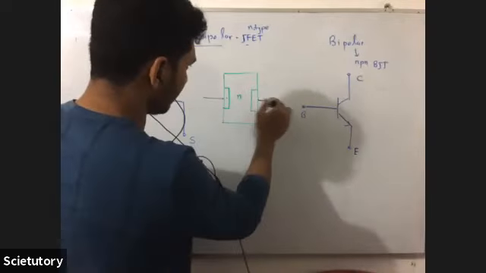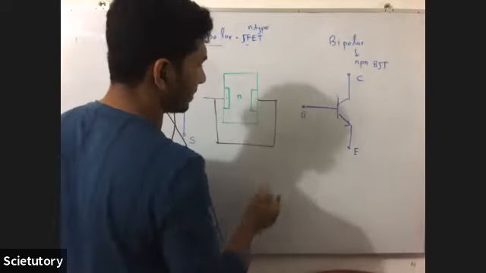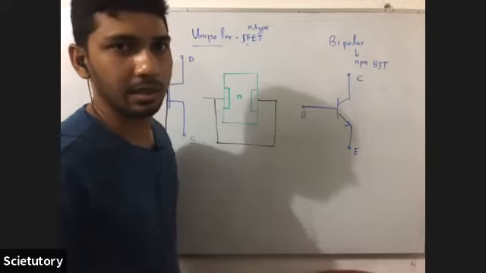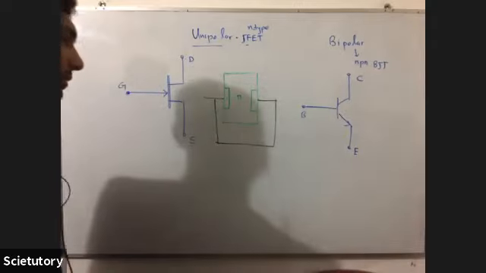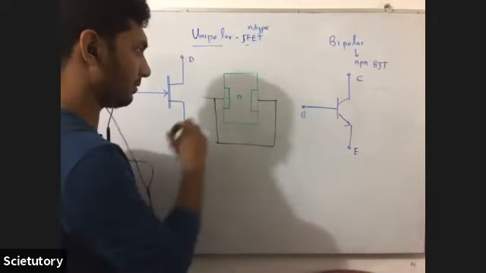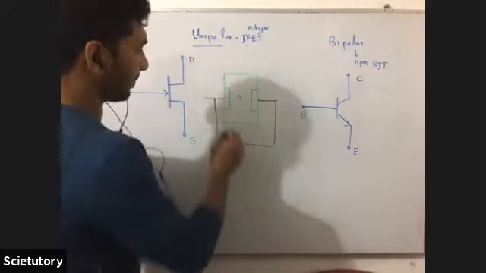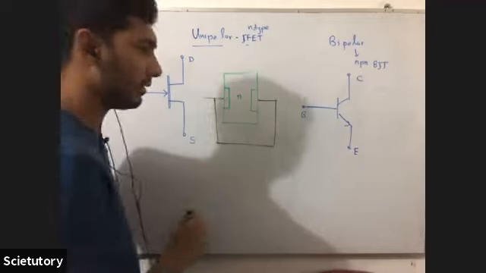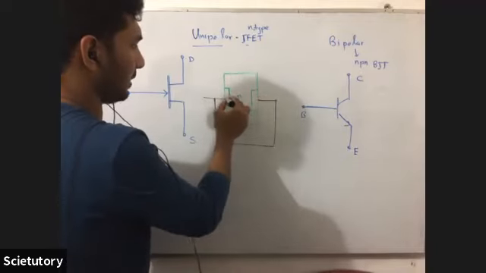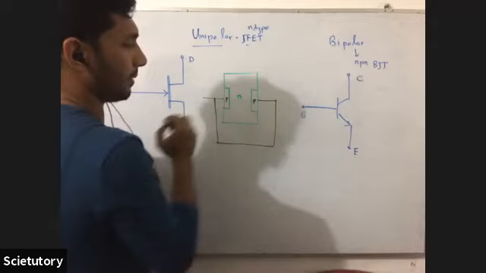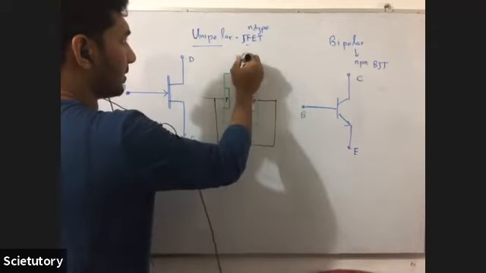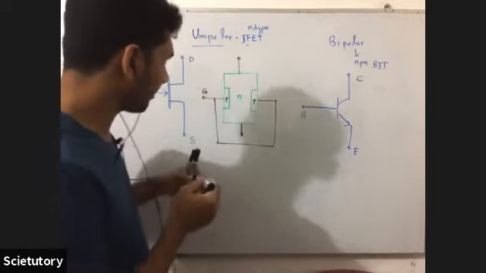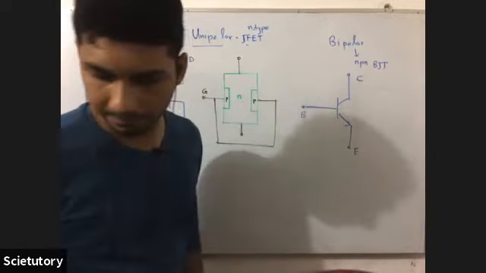These two are always connected to show that they are not two separate P terminals. They are actually part of one P-type part, like a ring which surrounds the N part of the JFET. So this is the P part, this is the N part. This is drain, this is source, this is gate. So only one PN junction is there.